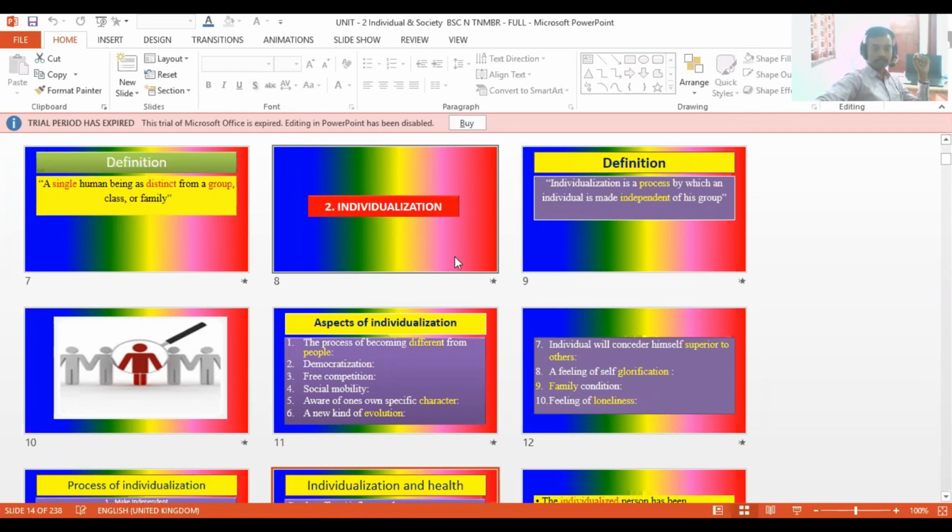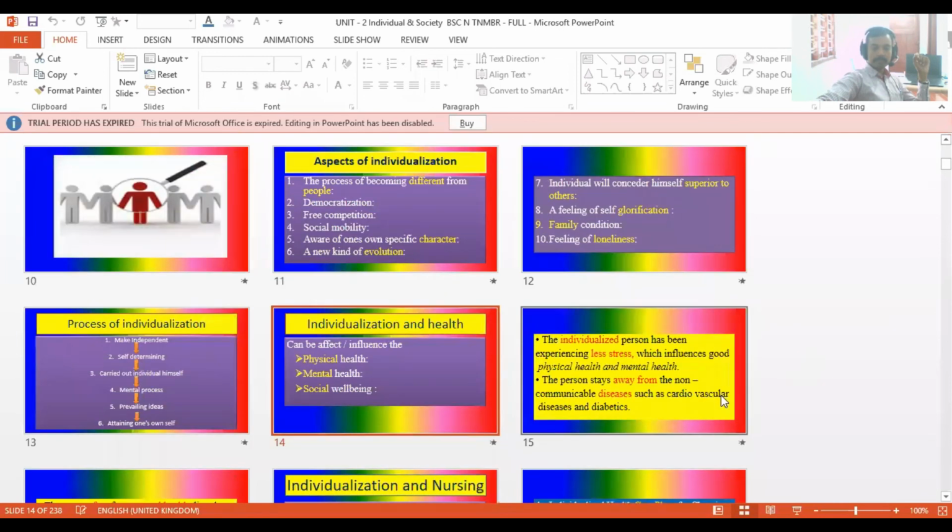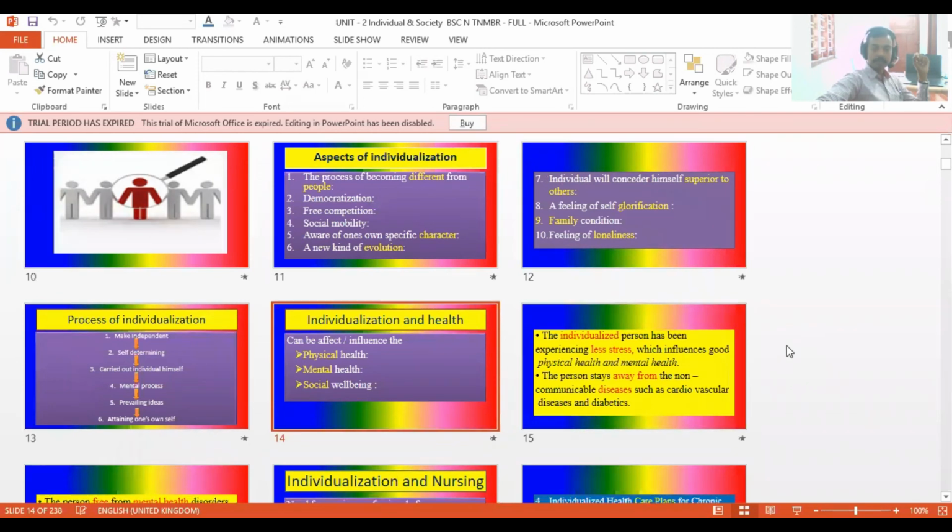Individualization is a medicine that can cure various diseases, promote health and enhance social well-being, which means happiness. We can gain happiness.